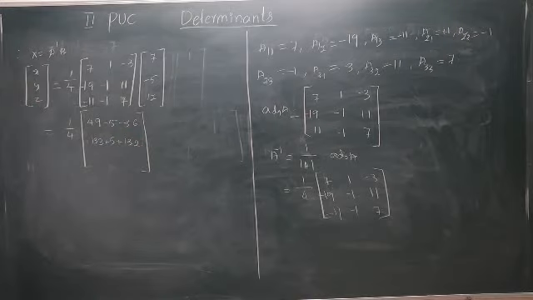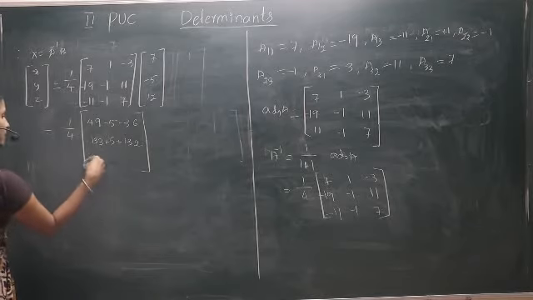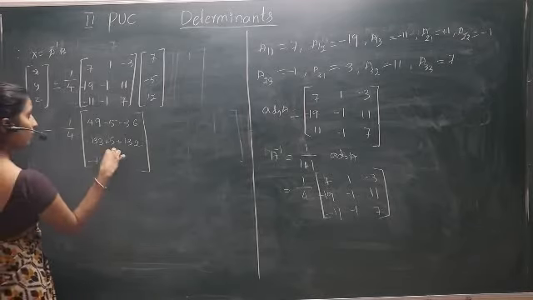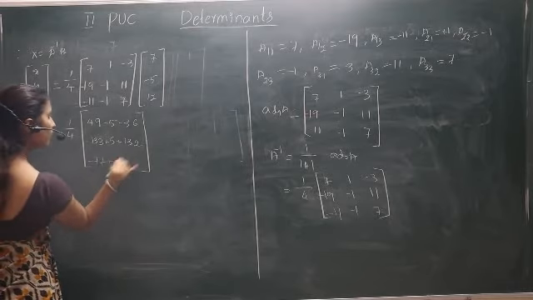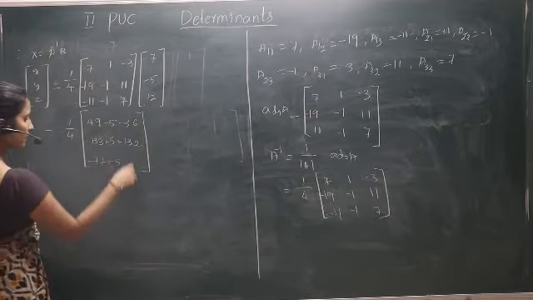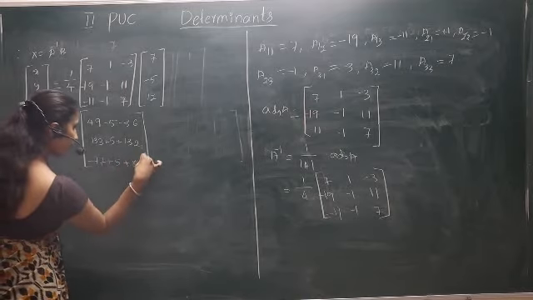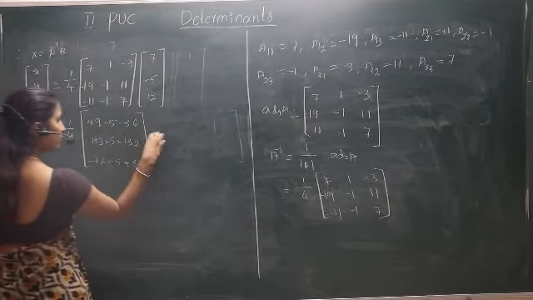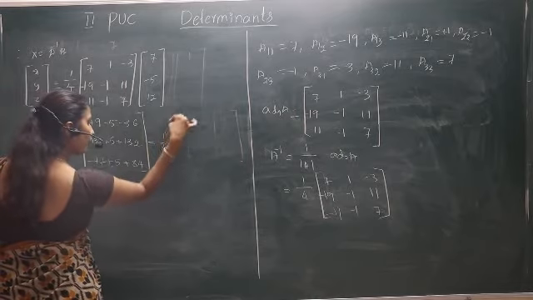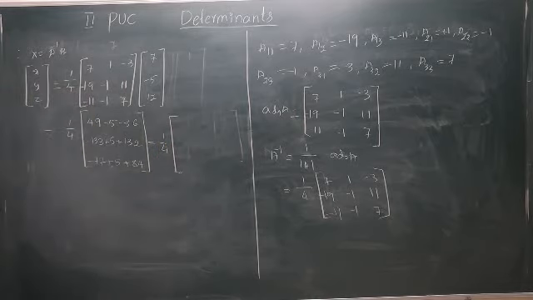Next, minus 11 into 7 is minus 77, minus 77 plus 5, 7 into 12 is 84. So this will be 1 by 4 into 49 minus 36 minus 5, which is minus 41, and 49 minus 41 is 8.